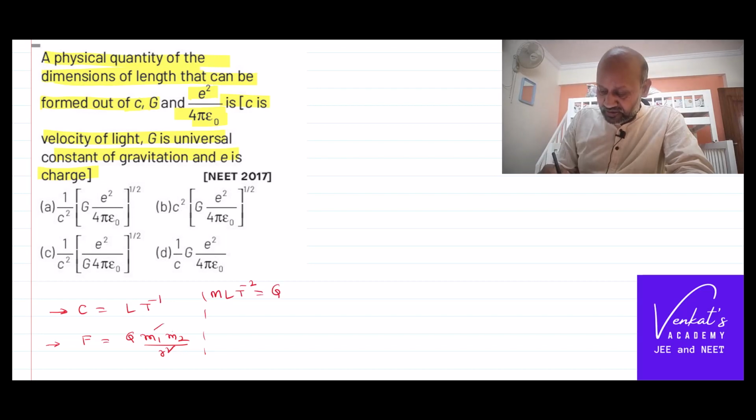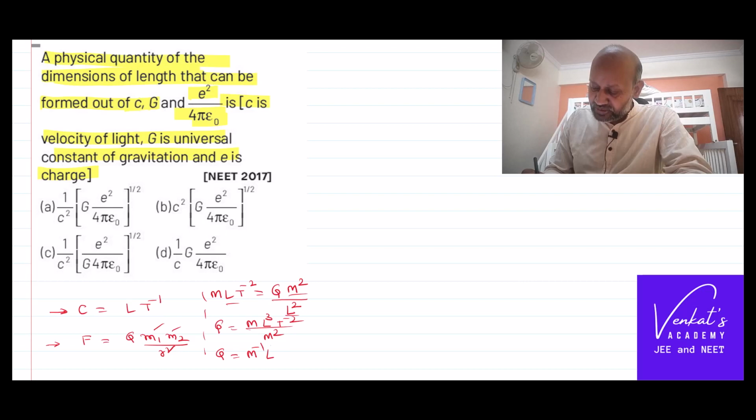G I have to find out. m1 and m2 are the masses, so M square, and r is the length, so L square. So, G has dimensions of M L, and L square becomes L cube, t power minus 2, and M square comes to the denominator. So, the dimensional formula of G, universal gravitational constant, is M power minus 1, L cube, t power minus 2.